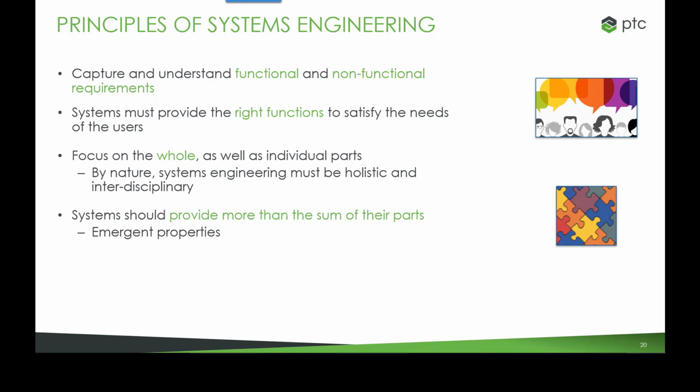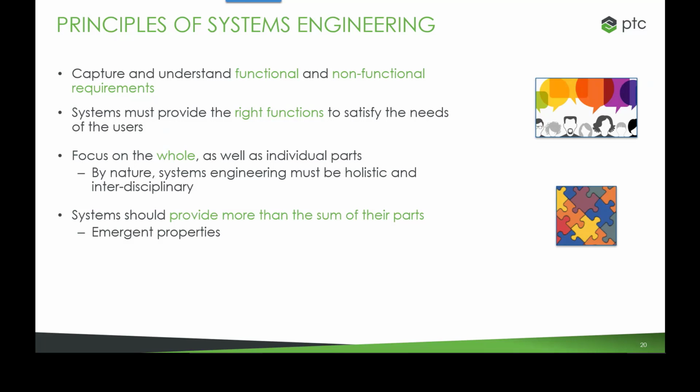A key aspect of systems engineering is a focus on the whole of the product, not just the individual components. So by nature, systems engineering must be holistic. It must look at the big picture all the time. You go into detail, but then step back to see the big result. And it must be interdisciplinary to do that. Systems should provide more than the sum of their parts, and this is the notion of emergent properties.